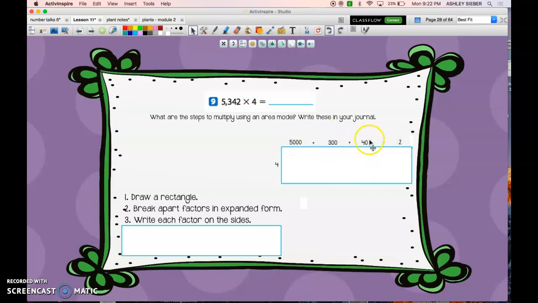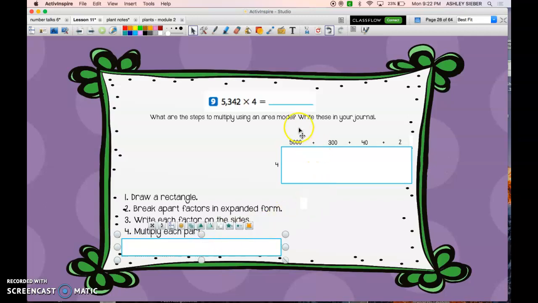So 5,342 went on one side and 4 went on the other side. Step 4, multiply each part. I could maybe add a step, draw lines between my parts. Now I'm going to multiply each part.